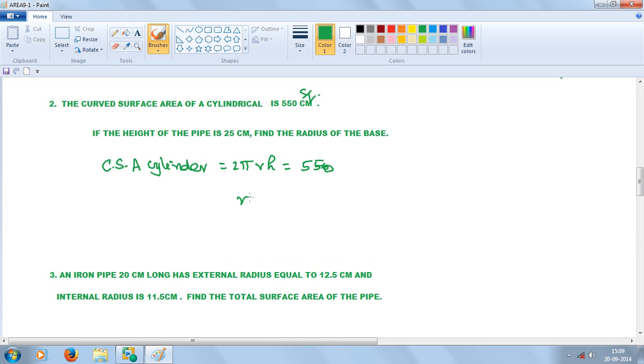So what is the radius? Radius is equal to 550 divided by 2 pi h. Divide both sides by 2 pi h, is equal to 550 divided by 2 multiplied by pi, which is 22 over 7. Height is 25. Now we will first cancel with this.